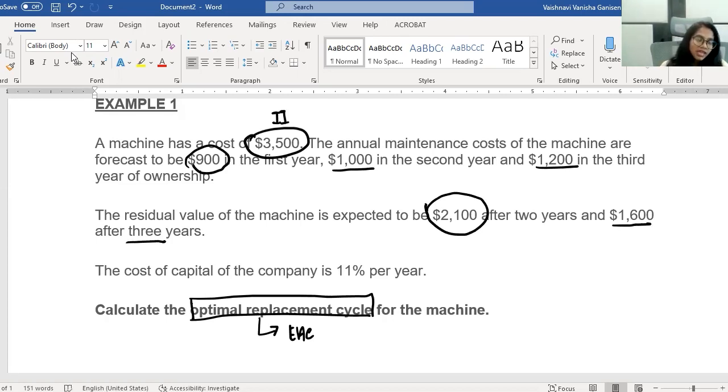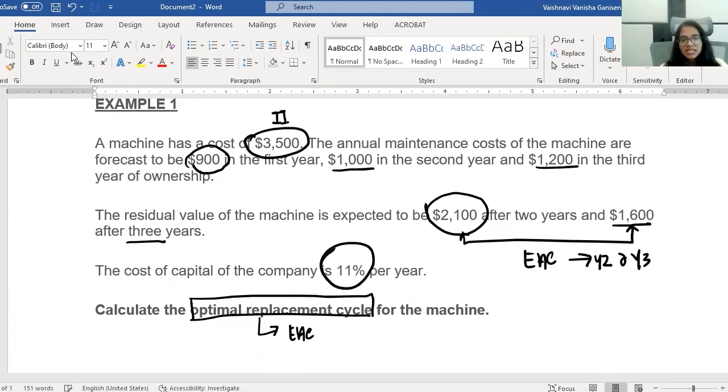So guys, the examiner has given you two different scrap values. So how do you perform this calculation? It means that you need to perform the EAC for year 2 and year 3. The cost of capital is 11%.